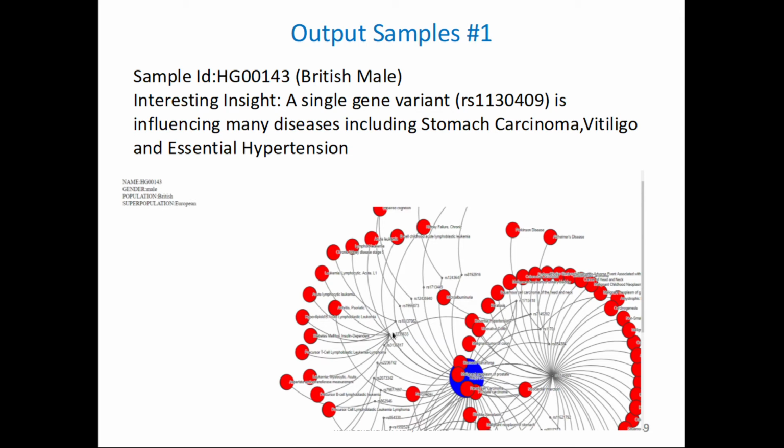And here it is. This is a visualization that was created. As I mentioned, this blue circle in the middle signifies the person, and these gray pinpoints are the genes, and these red circles are the diseases.